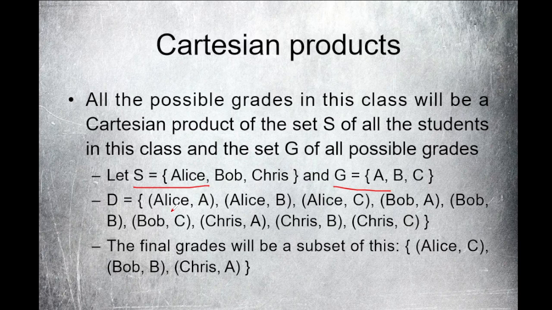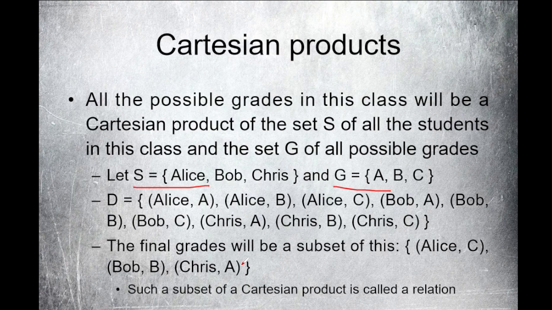It is the set of all the possible grades. So my final grades will always be a subset of this one. Okay, so we can utilize this concept while studying relations.